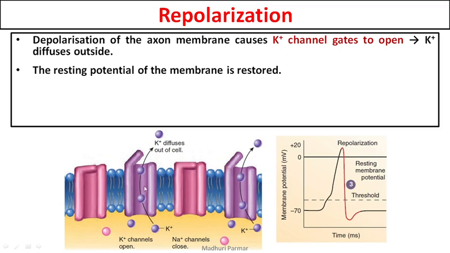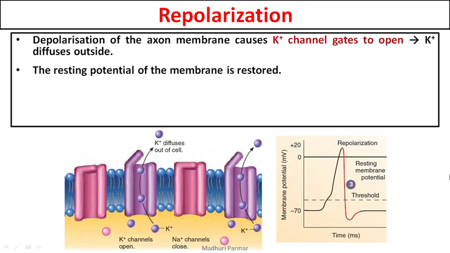Clear? सब potassium बाहर move कर रहे हैं. Why? First thing, because potassium concentration is high inside, low outside, तो concentration gradient है. And second thing, बाहर की तरफ negative हो गया, अंदर की तरफ positive है, तो these positively charged ions will move outside, negative को balance out करने के लिए.